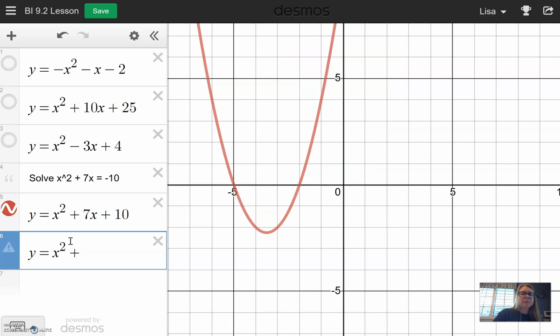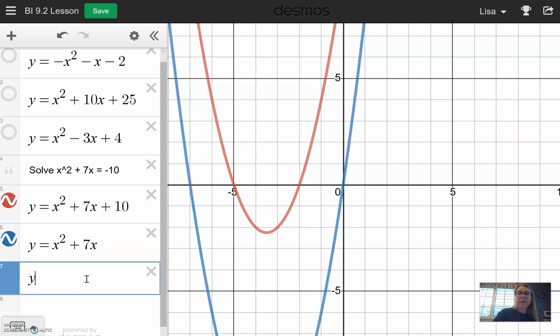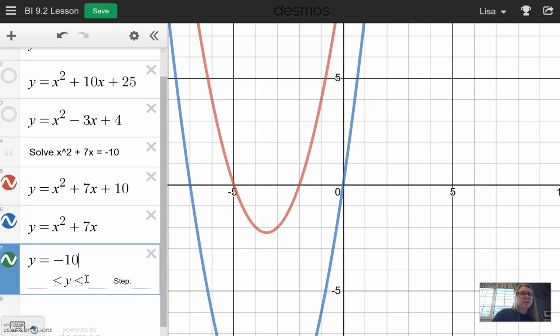Notice it made the graph, it's blue, it's right here. Okay, but I can't ignore this -10, so I'm going to make an equation out of that as well. Y equals -10, and graph that.